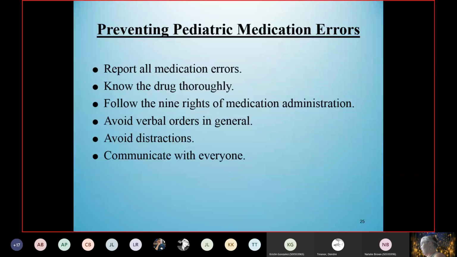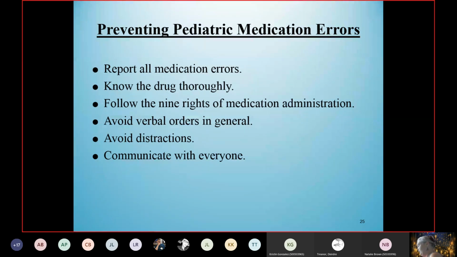Pediatric errors. Most common med error in pediatrics happens in dosing. Which seems definitely something that would be common.